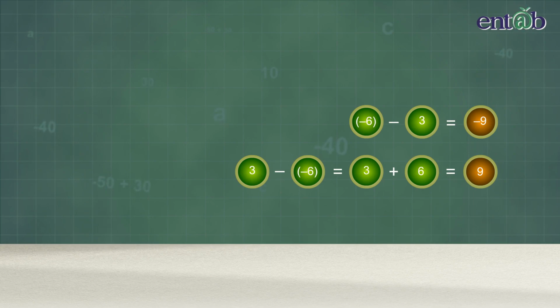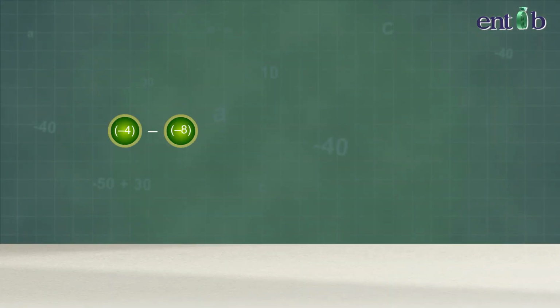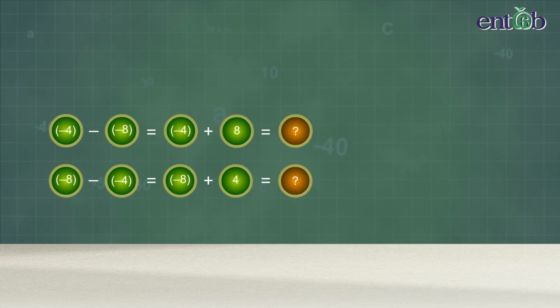Let us check with one more example. Consider the integers minus 4 and minus 8. Let us calculate the difference between minus 4 and minus 8, and minus 8 and minus 4. We know that negative of negative is positive by the concept of the additive inverse.